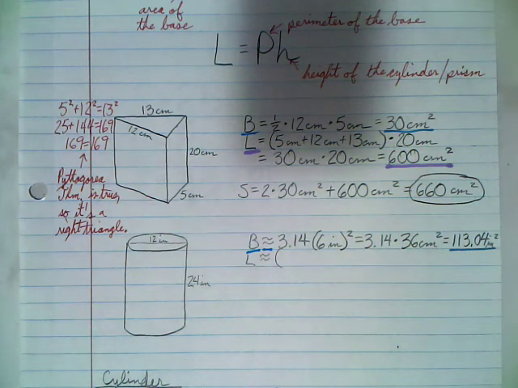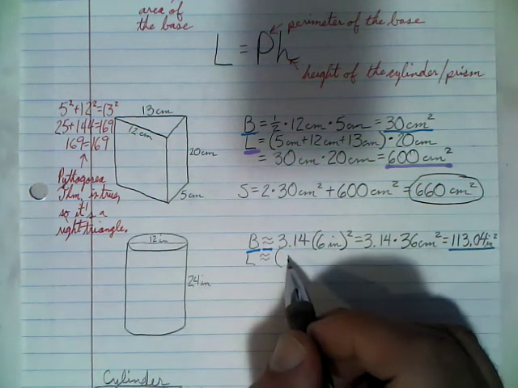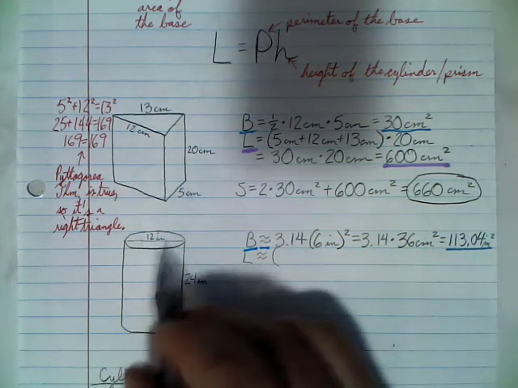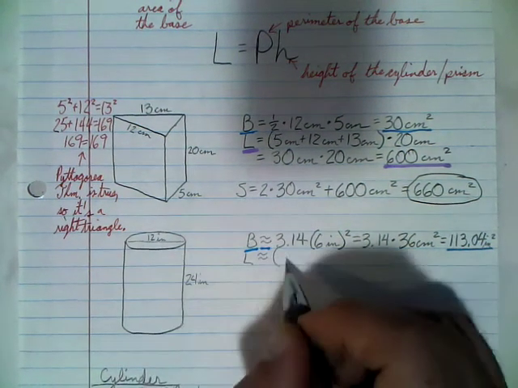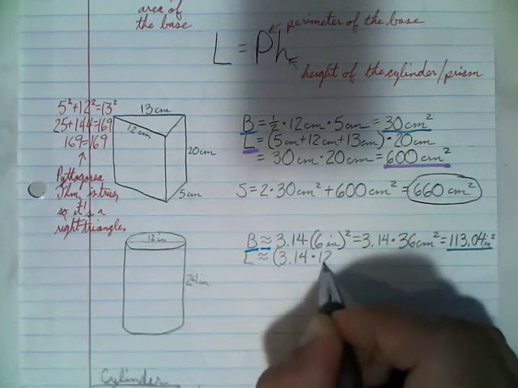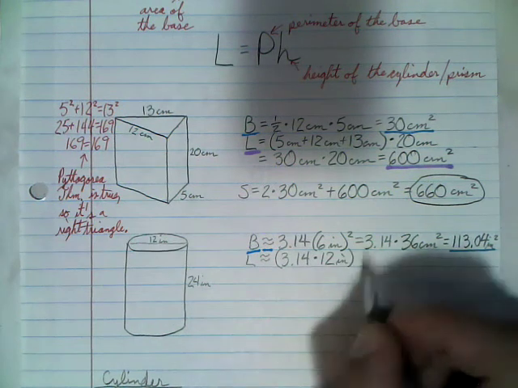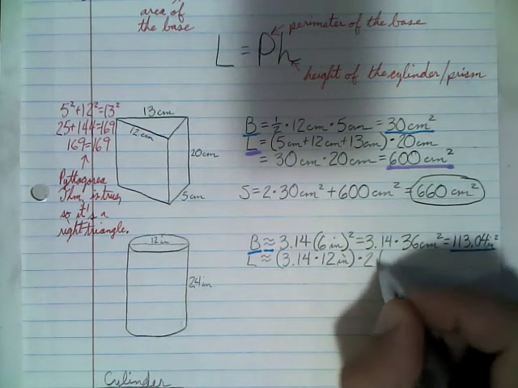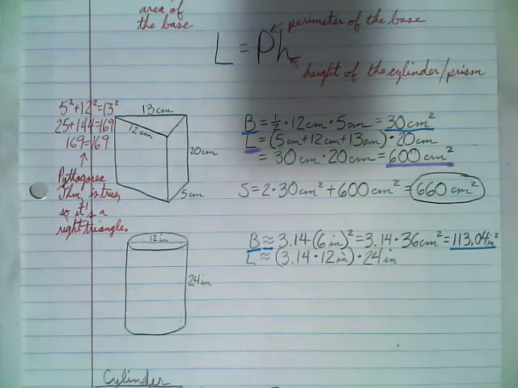So pi d is circumference. Well, that's convenient because there's my d, 12 inches. So pi again is approximately 3.14. D is 12 inches. And then times the height of the prism, which is 24 inches.